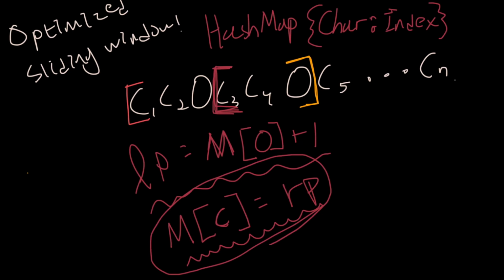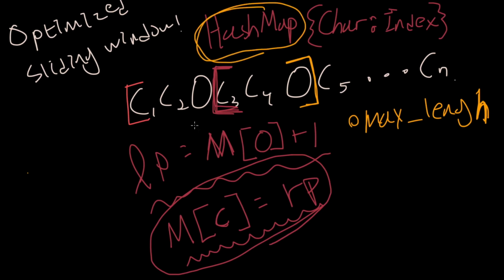Also, one thing to keep in mind is that in the sliding window, we calculated the answer, the return value of the function, by keeping track of the max length so far and the size of the set. But in this case, the hash map is going to contain every single character, so you have to keep track of the maximum value of this range.